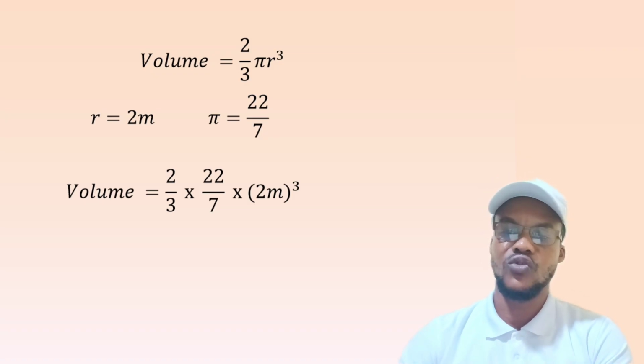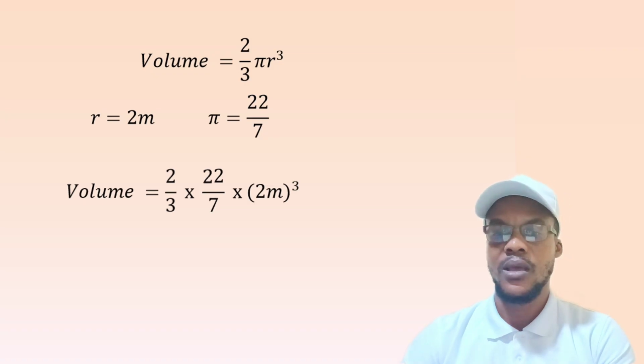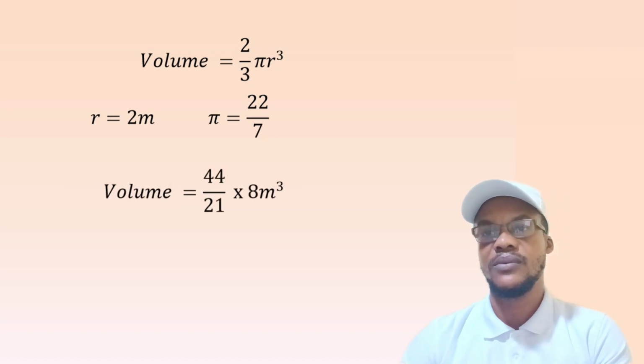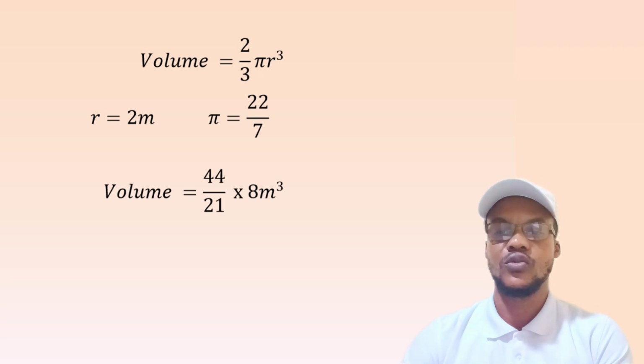When you multiply the numerators, you get exactly 44/21 multiplied by 8 meters cubed. When you further multiply, this is what you get.